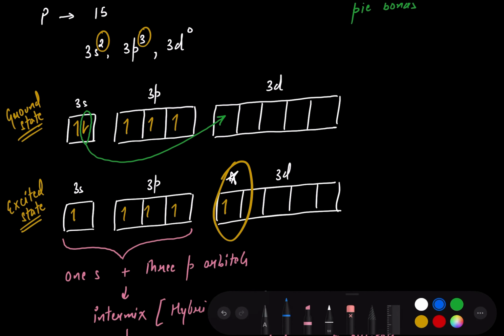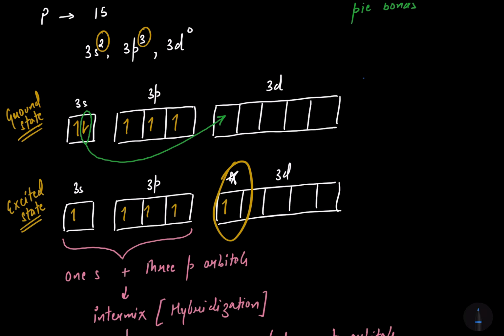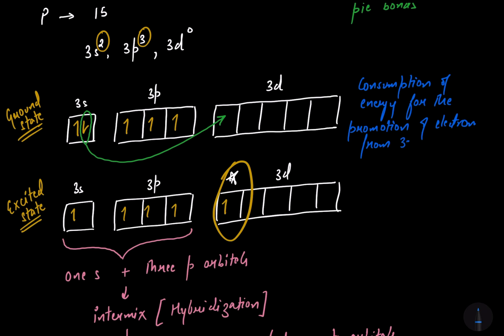In this whole process there are two endothermic steps. The first one is the promotion of an electron from 3s to 3d. Here there is consumption of energy for the promotion of an electron from 3s to 3d.